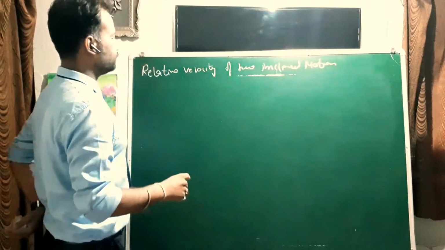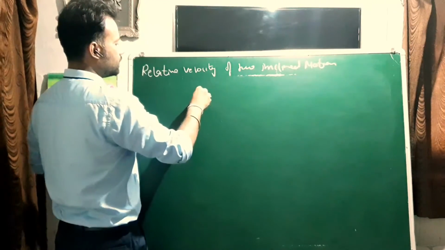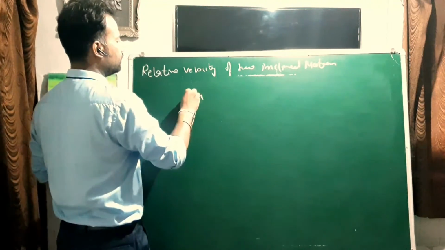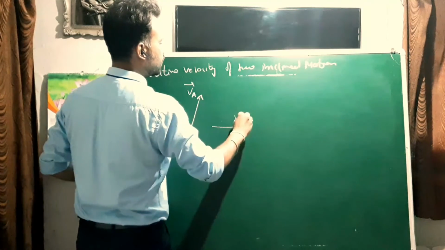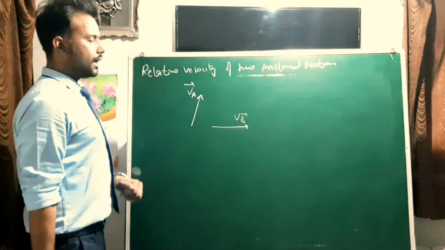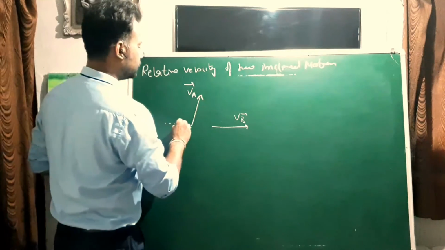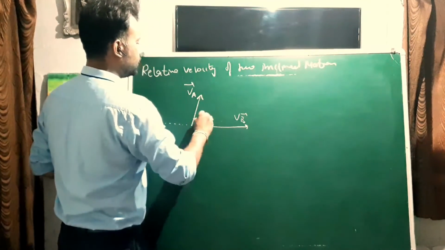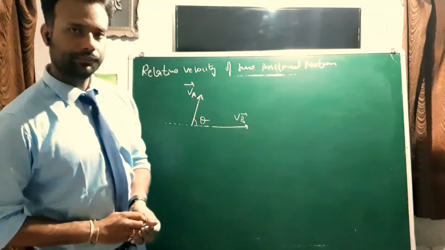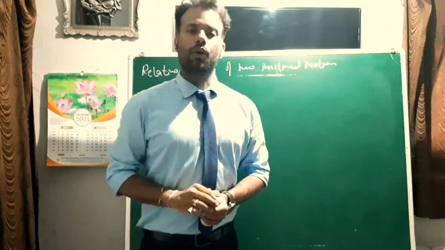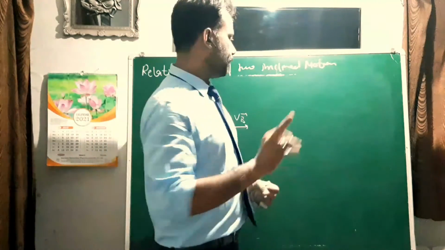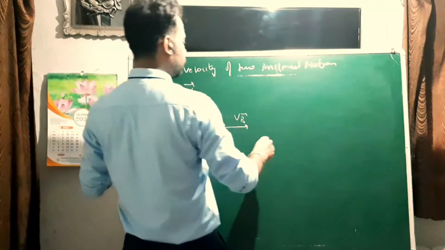Suppose we have, this is, let's say, velocity vector VA, and this is the velocity vector VB, and they are inclined to each other at angle theta. Now we have to calculate the relative velocity of A with respect to B. See, so how can we form this diagram?